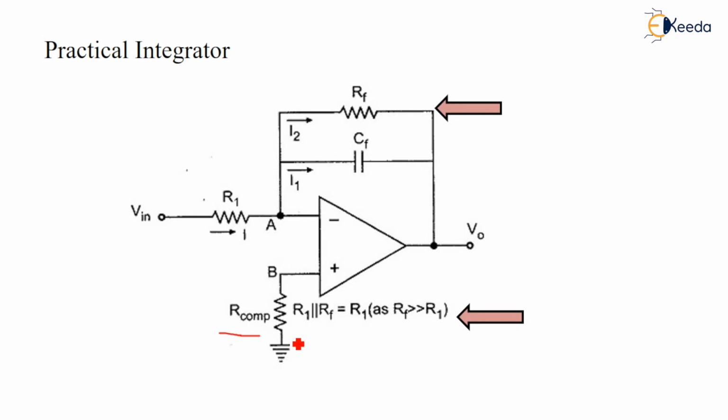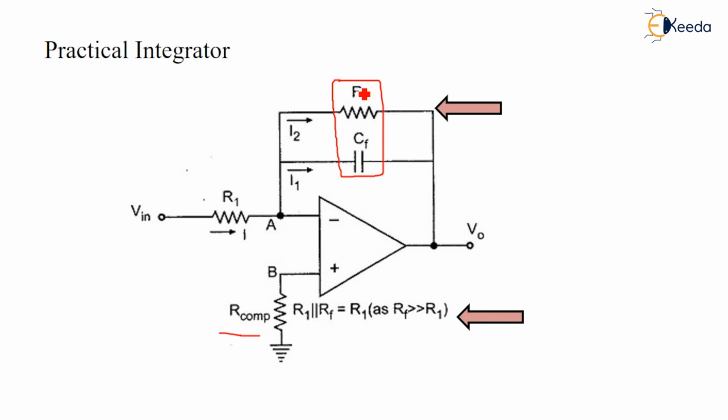Next is the introduction of this RF resistor in parallel with the capacitor. Due to the inclusion of resistor RF across the CF, the low frequency gain does not become infinite. It restricts the value to minus RF upon R1. The value of this RF is kept high, so it does not alter the output.